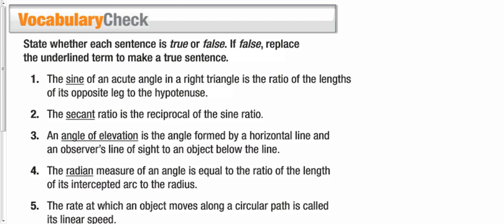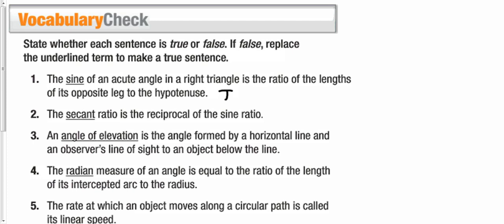Okay. So first, state whether each sentence is true or false, and if it is false, replace the underlined term to make a true sentence. So the sine of an acute angle in a right triangle is the ratio of the lengths of its opposite leg to the hypotenuse. Okay, that is true.